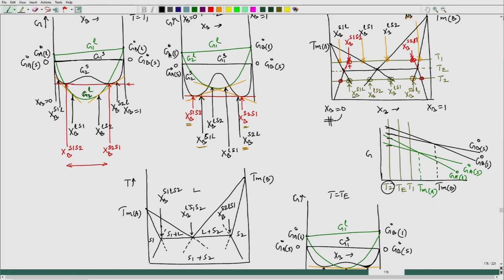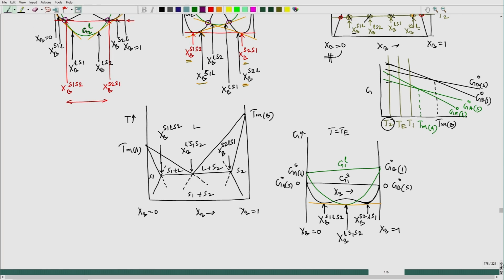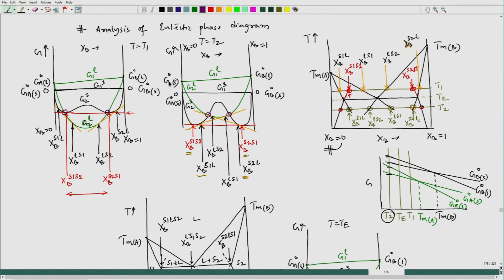One point is coming at this location where free energy of G 2 is crossing the free energy of liquid, and another point is coming here. Here also I am getting those 2 points. Here also I am getting those 2 points. Now, interestingly, these points can also be reflected over the eutectic phase diagram.